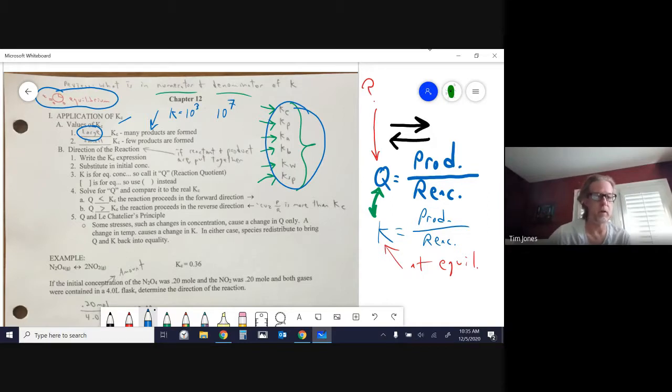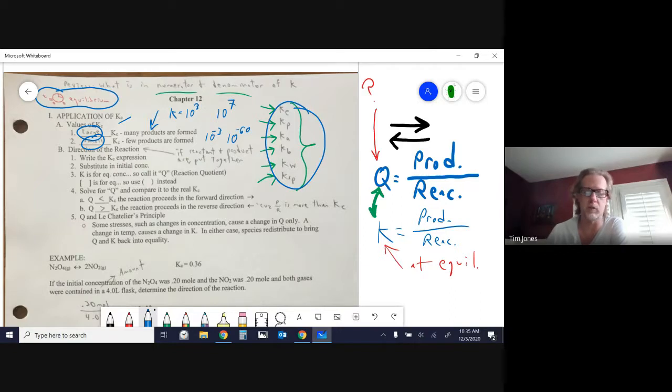If it has a small K value, that means that when you reach equilibrium, you don't have very much product. You have a lot of reactant instead. An example of a small K value would be something like 10 to the negative 3, or real extreme, 10 to the negative 60 or something like that.